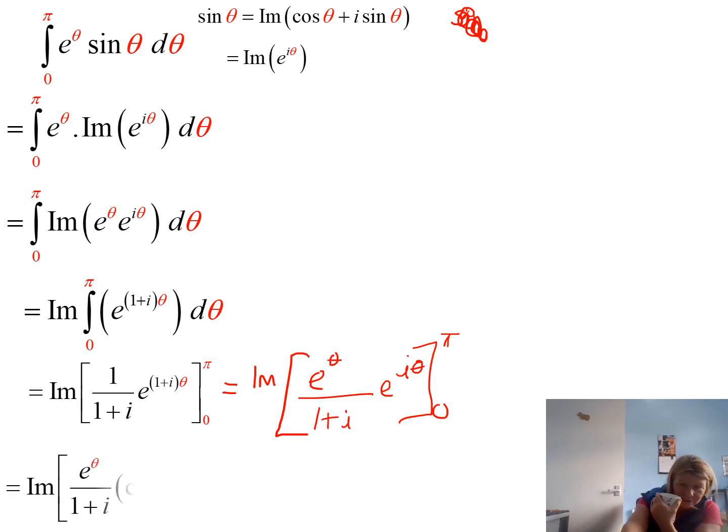And then it replaces e to the i theta with cos theta plus i sine theta. Keep pausing the video if you're having a go and don't want to listen to me. So it replaces e to the i theta with that.